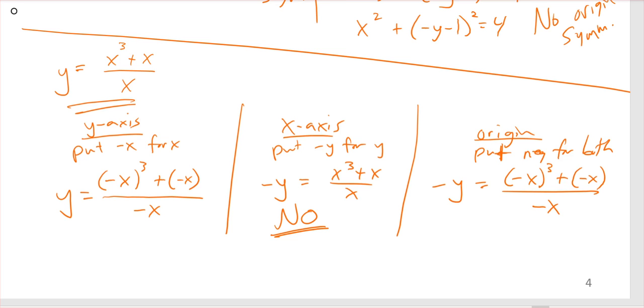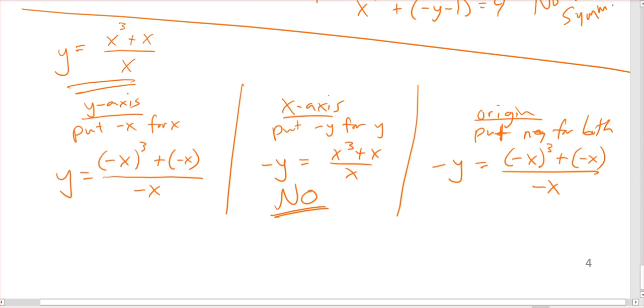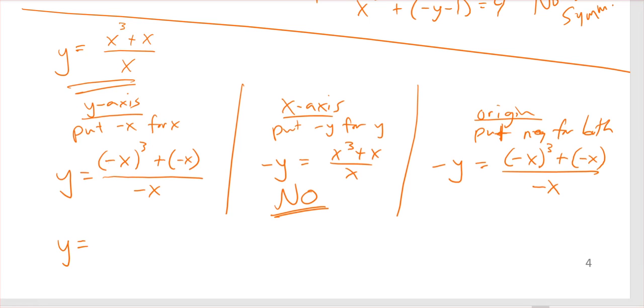All right, now we've got a bit of simplification to do here. So let's go on the left here. So we've got y equals, if I cube a negative, it stays negative, right? So we got negative x cubed, and then plus negative x to be minus x, okay? And then we got negative x on the bottom. Well, we're already done with this one, so we're finished.